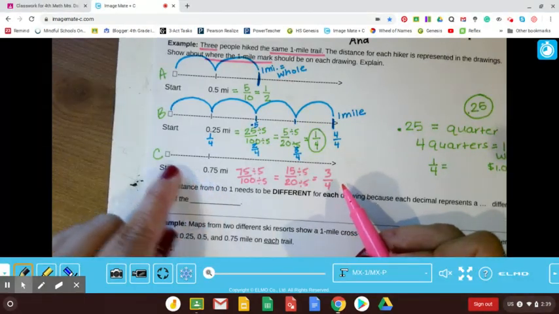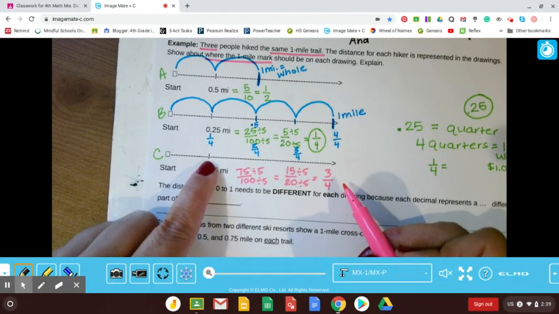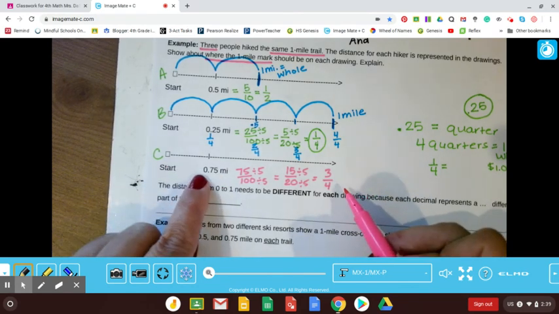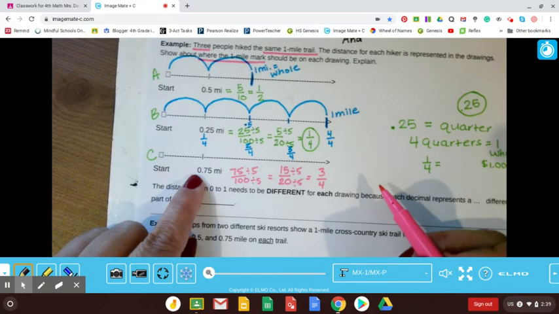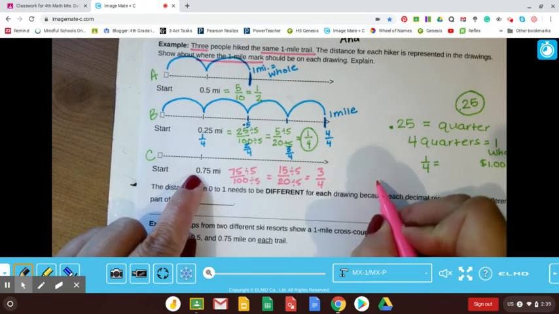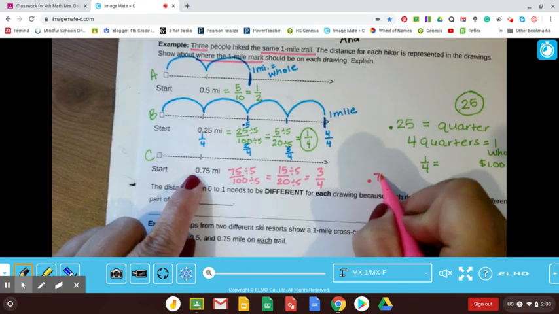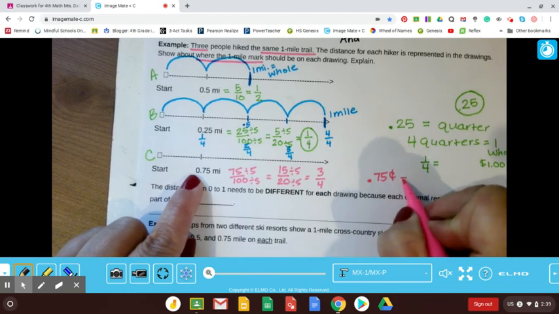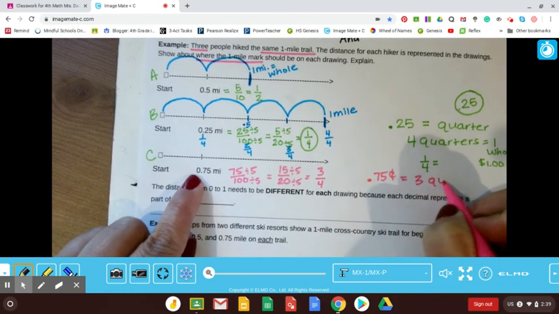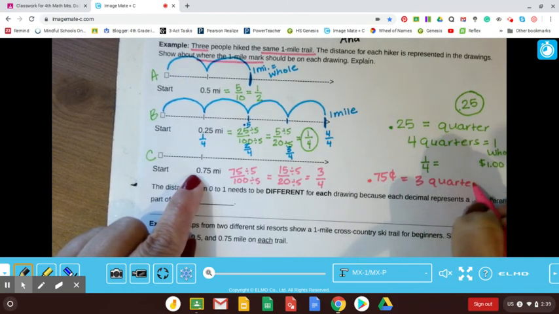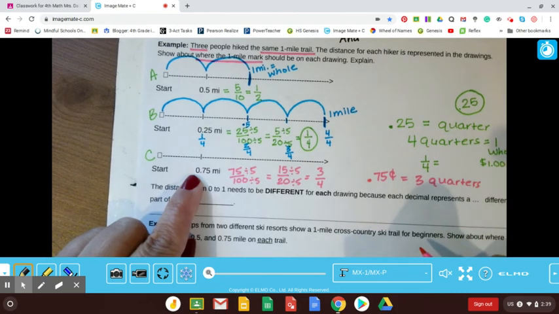All right. Well, 3/4 is pretty close to 4/4, right? Which would be the whole mile. So again, this makes a lot of sense if we relate it to money. We know that 75 cents is equal to 3/4 in money, right?